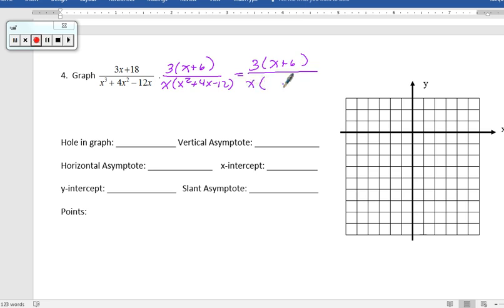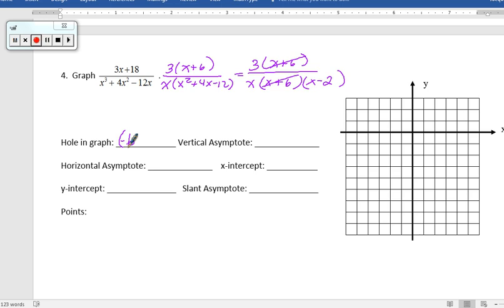You have the x. Again, we'll look for 2 numbers that multiply to be 12, that subtract to be 4, that's going to be 6 and 2. And what I see here is that the x plus 6 will cancel out, and when we have factors that cancel, we get a hole in the graph. So that's going to be at x equals negative 6.